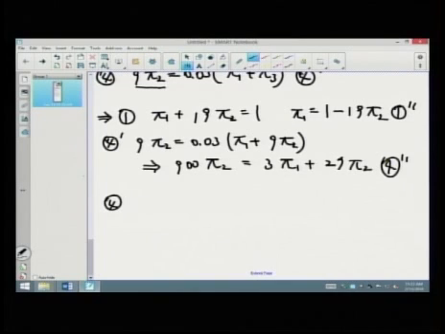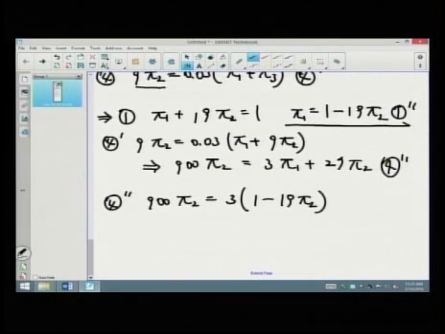Then I'm going to rewrite 4 double prime, which is 900 pi 2 equals 3 times (1 minus 19 pi 2), is that right? Because pi 1 is this. Plus 27 pi 2. So from here, what do we have? 900 plus 57, is that 57, right? 3 times 19.